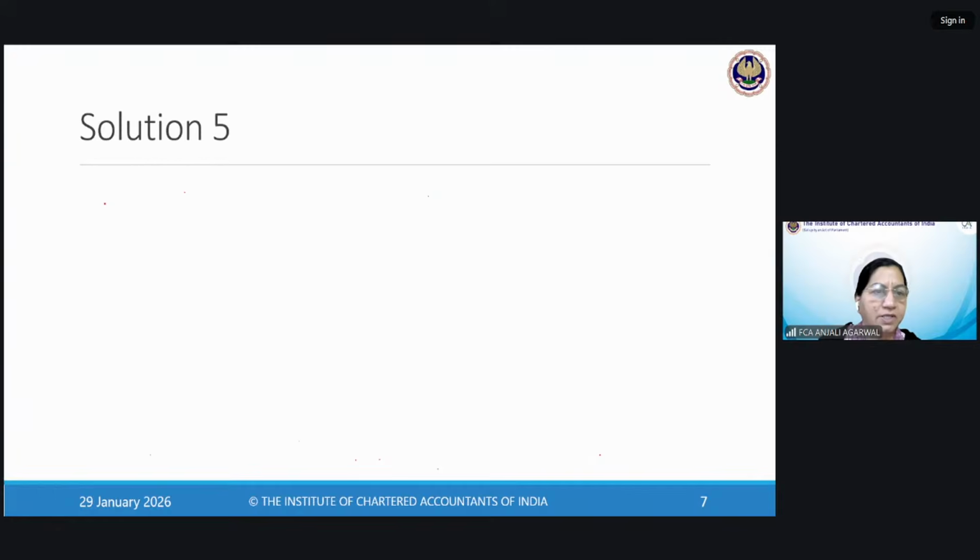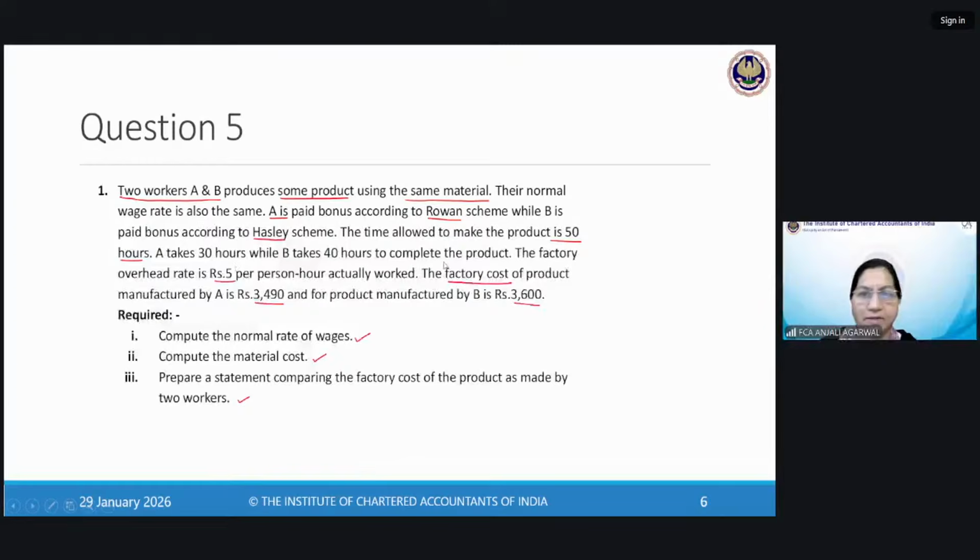So the first equation is X plus 42Y plus 150 is equal to 3490. This is your first equation. And the second equation is X plus 45Y plus 200 is equal to 3600.